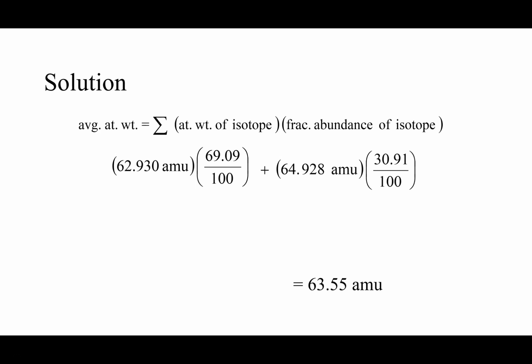Now, sometimes I will do an average atomic weight problem like this, and it will not match up with my periodic table. It'll be off a little bit. Honestly, I think that's a case of them having revisited their percent abundances and come up with different numbers.